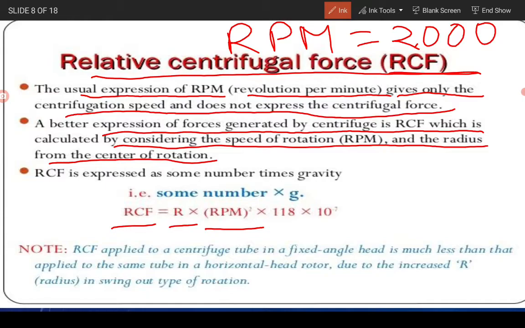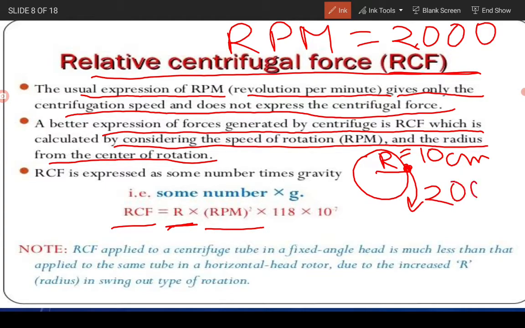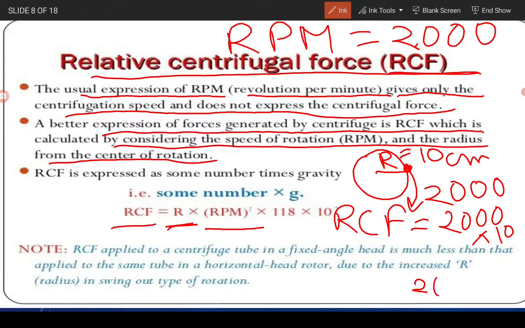For example, if R is the radius of the circle in which the particle is moving, and RPM is the revolutions per minute, so if the particle is moving in this radius R, which is equal to 10 centimeter, and the number of rotations per minute is 2000, then the RCF will be equal to 2000 into 10, that is 20,000, right? So this will become RCF. That's all there is to it.